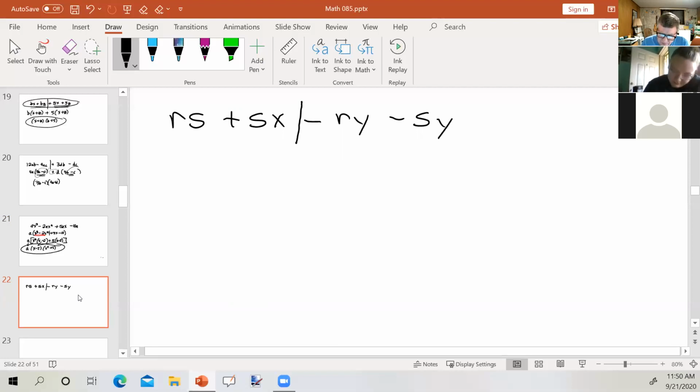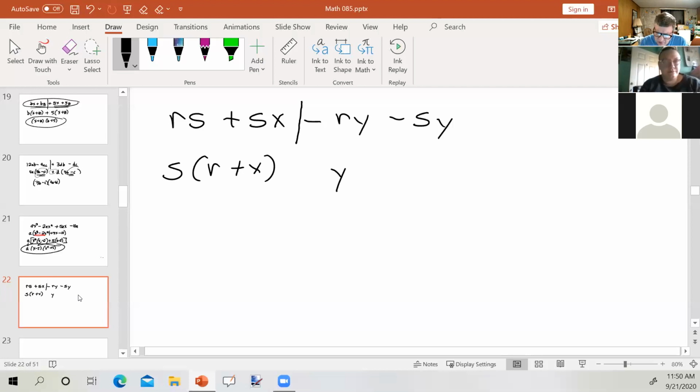The greatest common factor of the first 2 terms is S, and the leftovers are R plus X. Now, the greatest common factor of the last 2 terms, I could take out a Y, but I could also take out a negative Y because they're both negative.